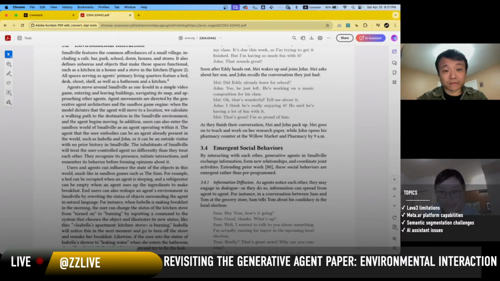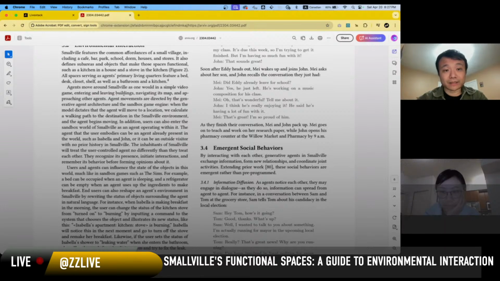Agents move around Smallville as one would in a simple video game, entering and leaving buildings, navigating its map, and approaching other agents. Agent movements are directed by the generative agent architecture and the sandbox game engine.